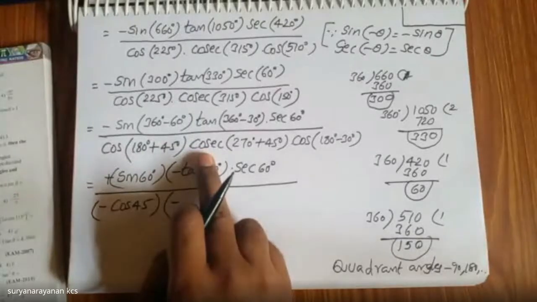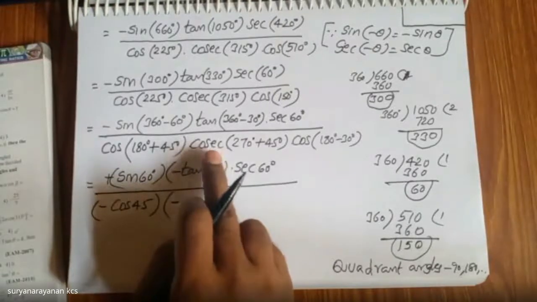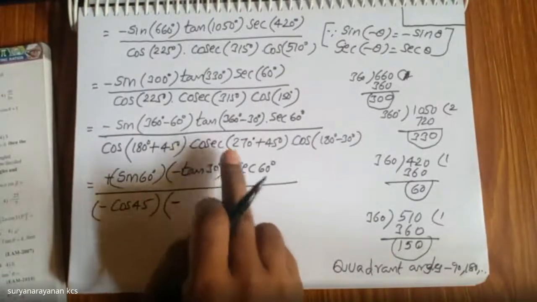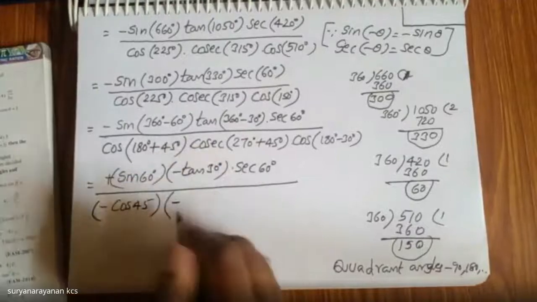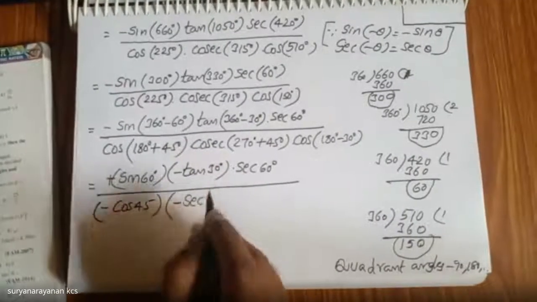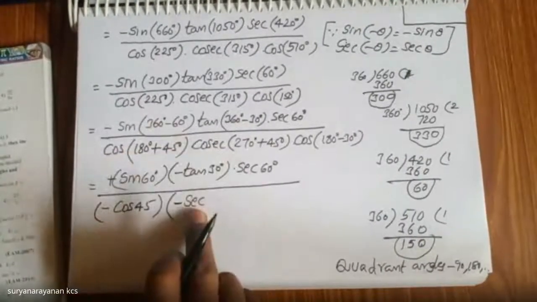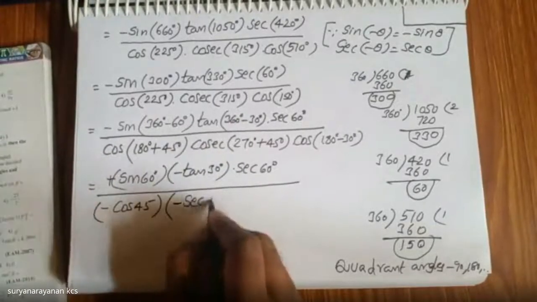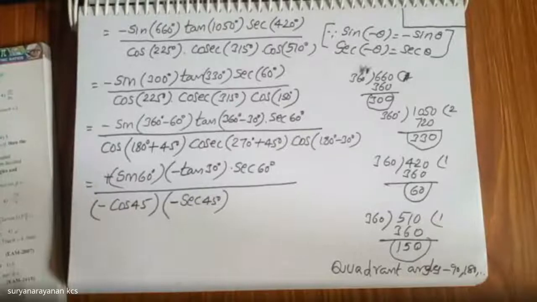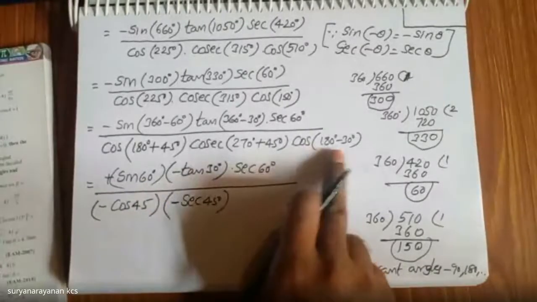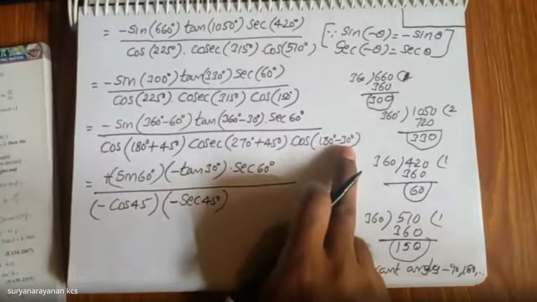Sine changes to cos, cos to sine, tan to cot, cot to tan, secant to cosecant, cosecant to secant. So this cosecant changes to secant. Got this point, my children? Yes, sir. 45 degrees.